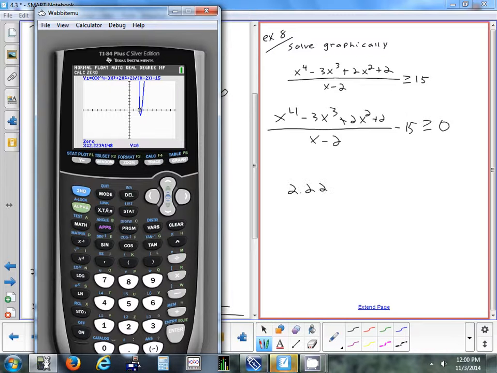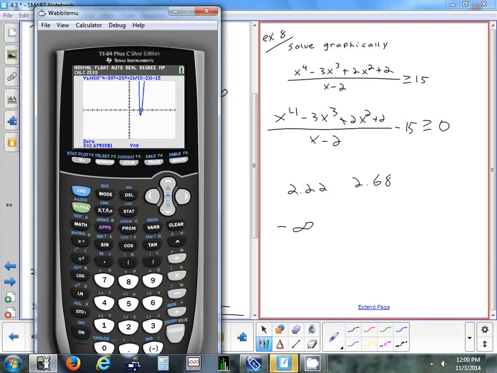And the other one, left, right, and 2.68. So we want to write everything except what's between those two values.